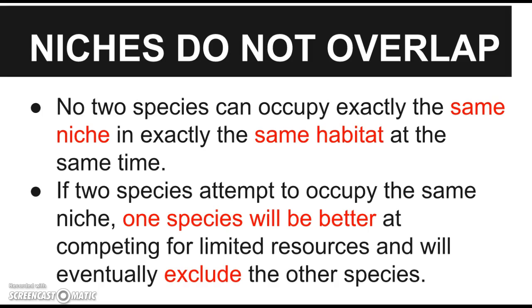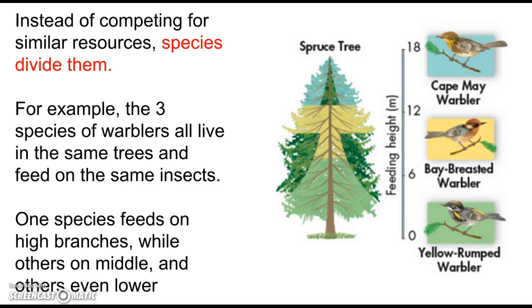Now, niches do not overlap. No two species can occupy exactly the same niche in exactly the same habitat at the same time. If two species attempt to occupy the same niche, one's going to be better at competing for limited resources and will eventually exclude the other species. You can almost think of this as survival of the fittest.